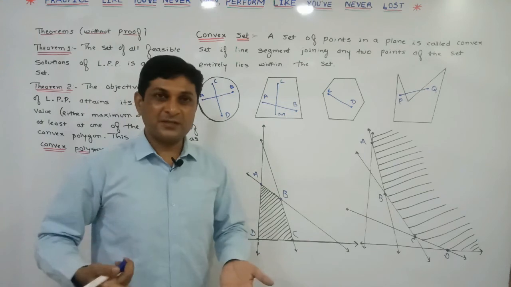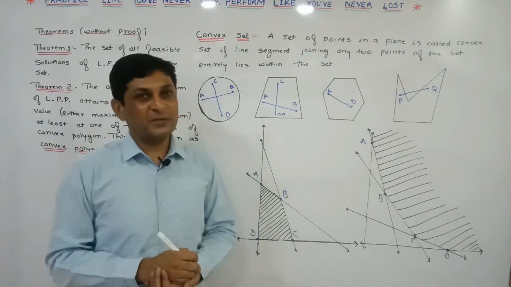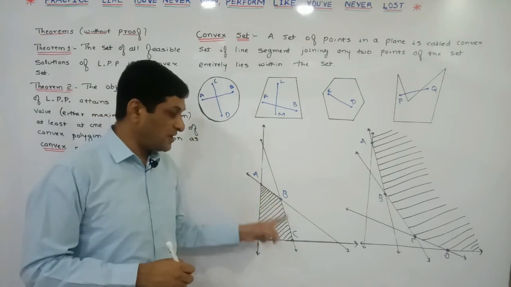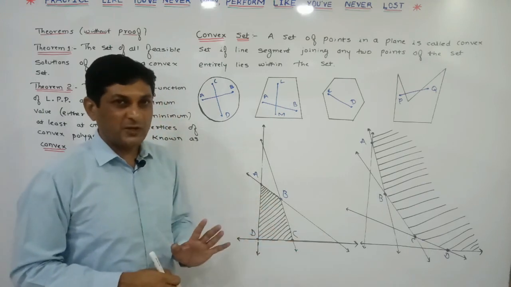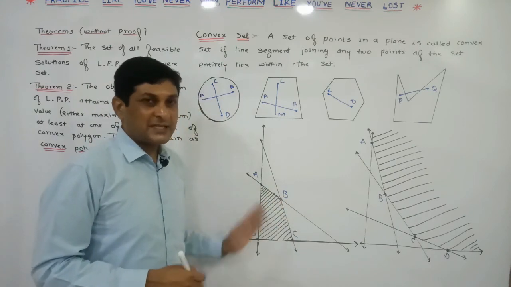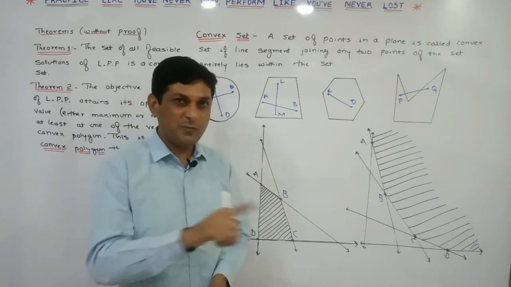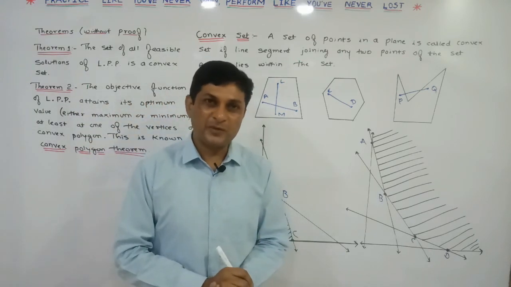That's why it is established in research that the maximum optimum solution or minimum optimum solution lies at what? Vertices of this convex polygon. Means our aim is just to find the coordinates of these vertices and substitute these coordinates in the objective function to find the maximum optimum solution or minimum optimum solution.